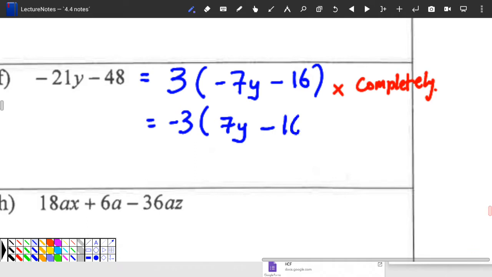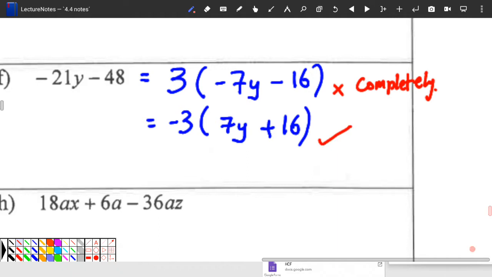Negative 16. Because here is minus, you may think the answer is minus, but negative times negative will give you positive. So what should be the answer here? Plus 16. So this is correct.